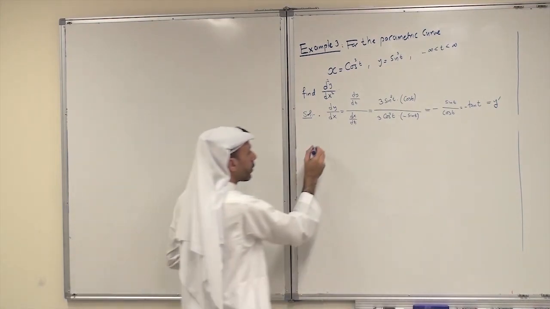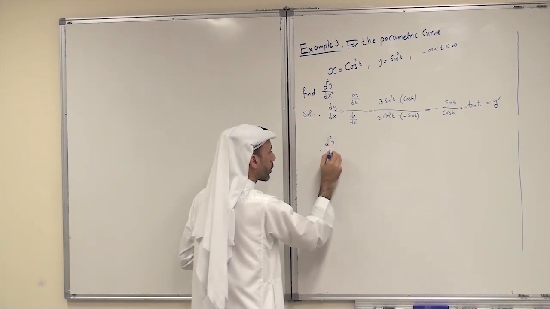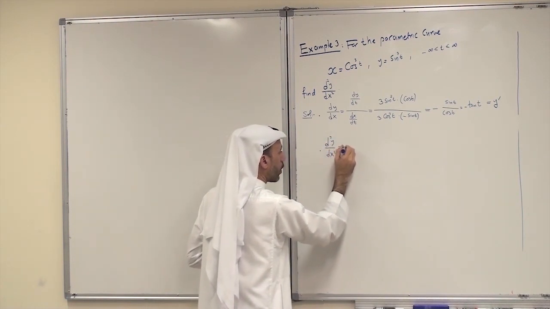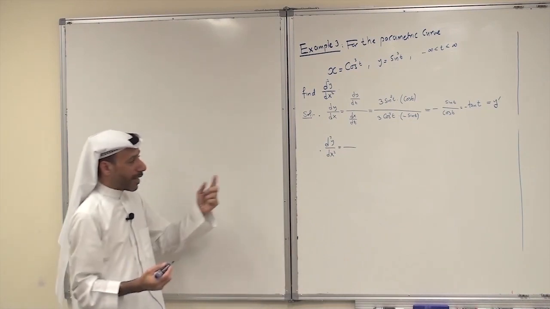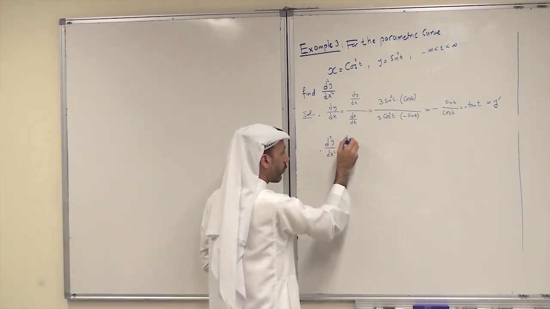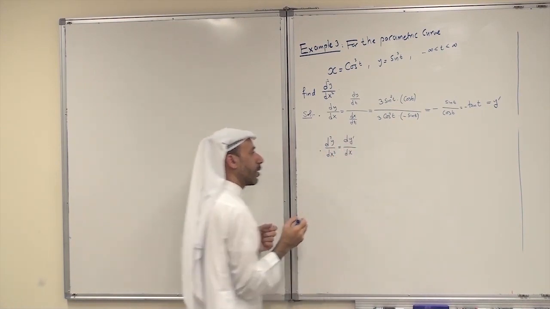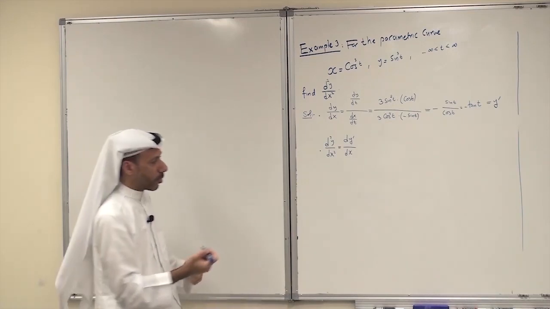For the second derivative, I have the following: d2y/dx2. We write this in terms of a first derivative. This is the first derivative of the first derivative, which is y prime. It is the first derivative of y prime.